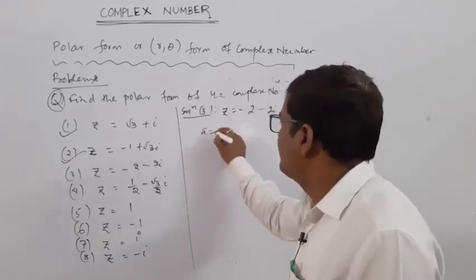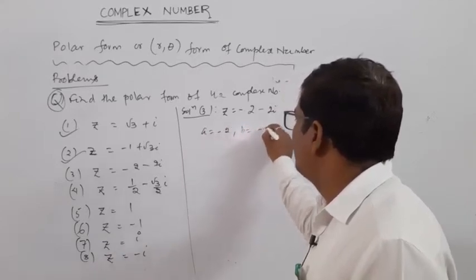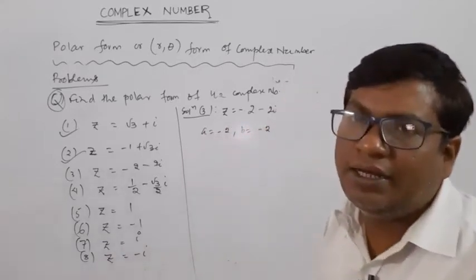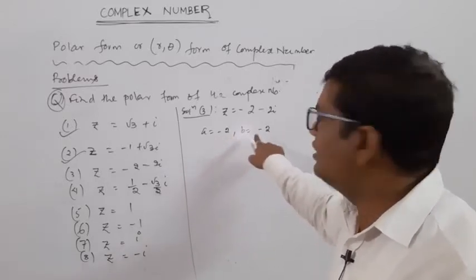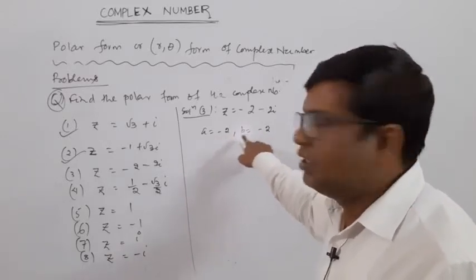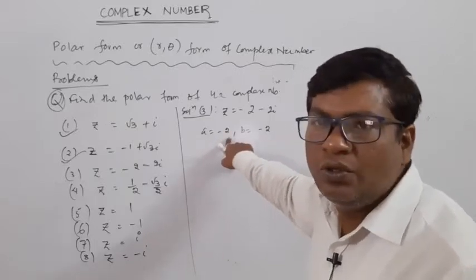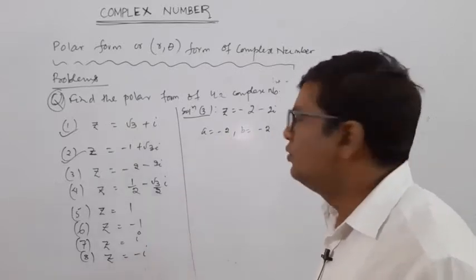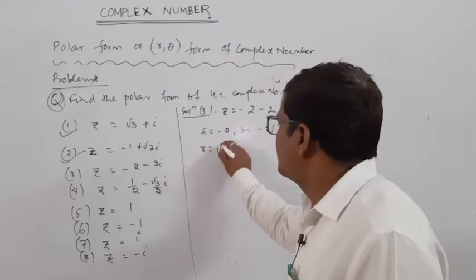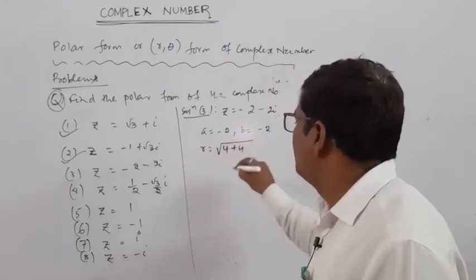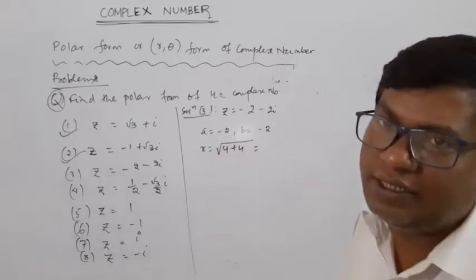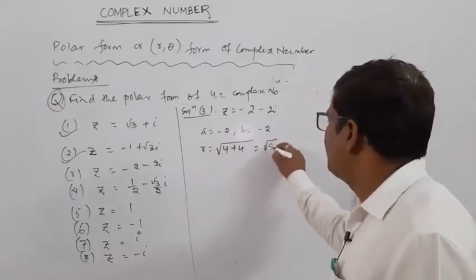Here a is equal to minus 2 and b is also minus 2. So r is equal to the square root of 4 plus 4, that is the square root of 8.